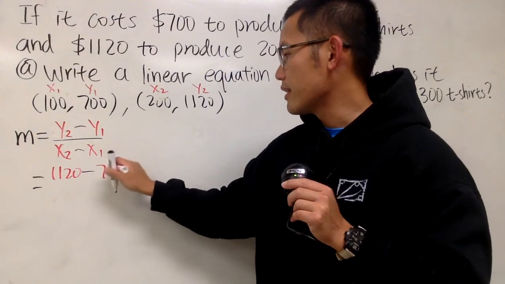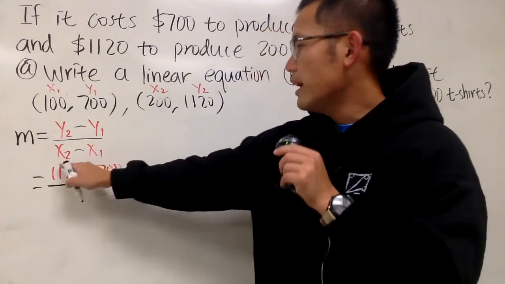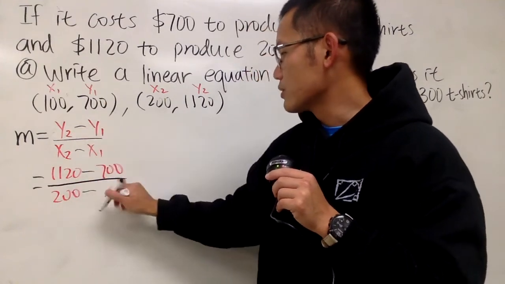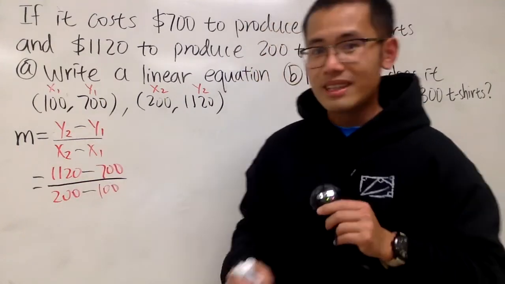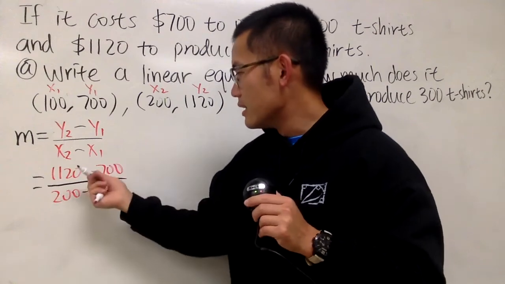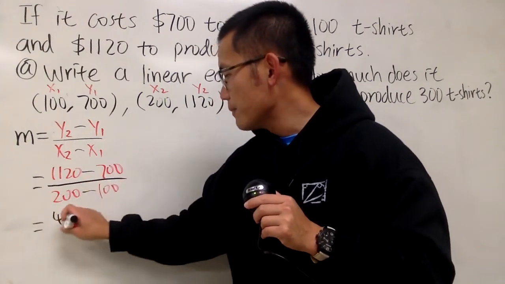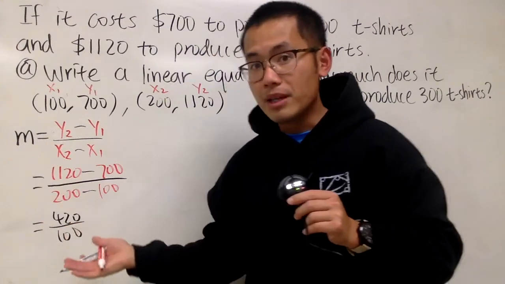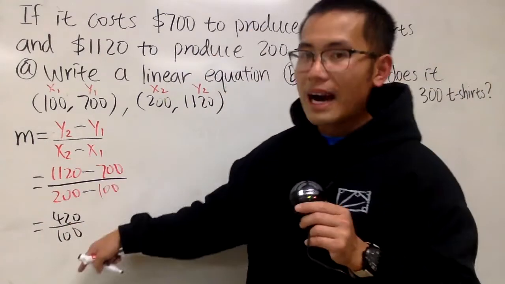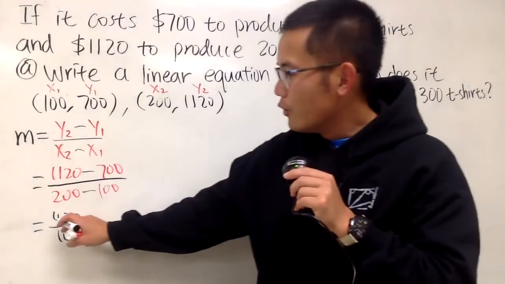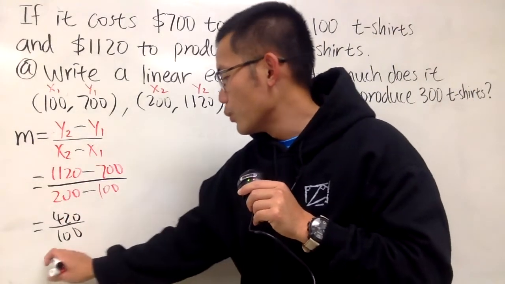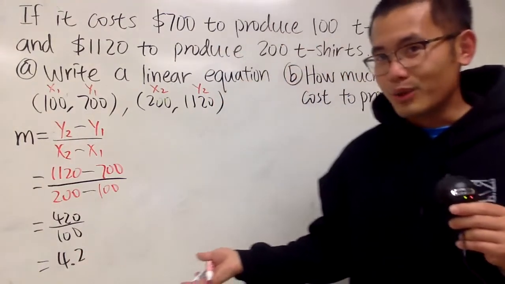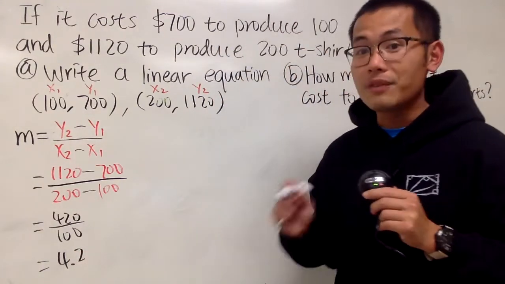And then x2 is 200, x1 is 100. Now, of course, we are going to subtract that. On the top, we get 420. On the bottom, this is just 100. And because we're talking about money, when we divide, let's use decimals. 420 divided by 100, we will end up with 4.2, namely $4.20.